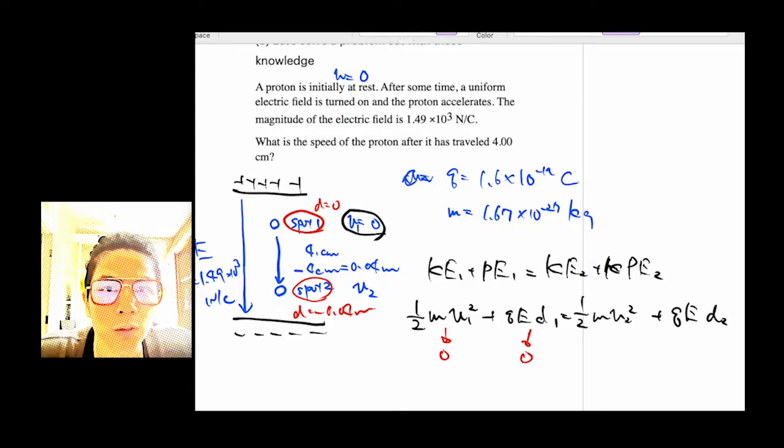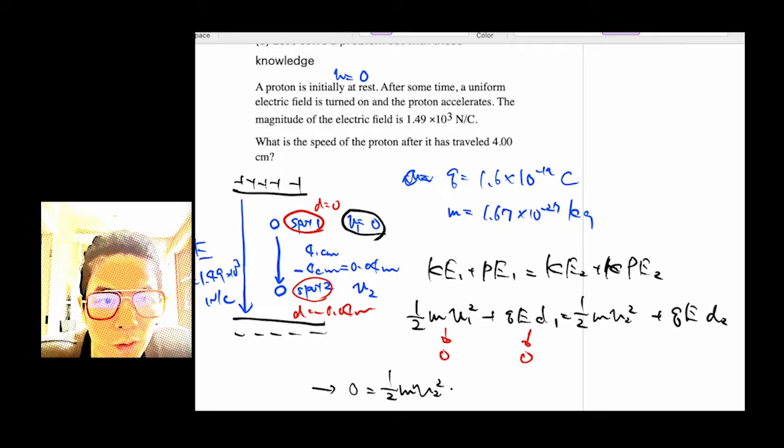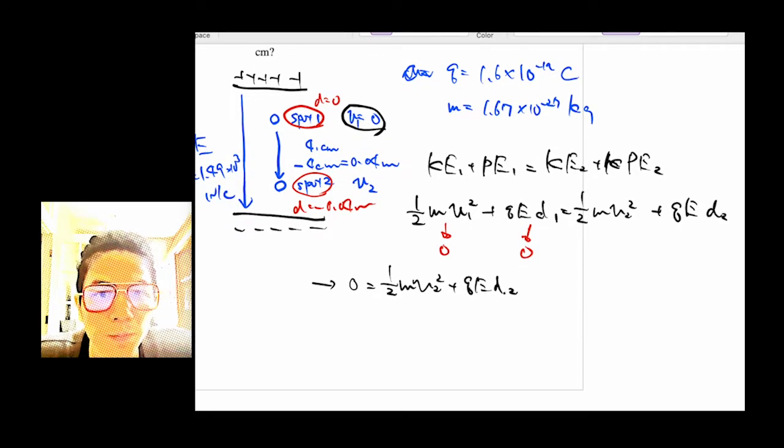So basically you can write that 0 equals half of m v2 squared plus QED2. So the equation got a little simpler, and now you want to plug all the values into here. m is this one, Q is this small number, E is this, d2 is this, and we don't know v2.